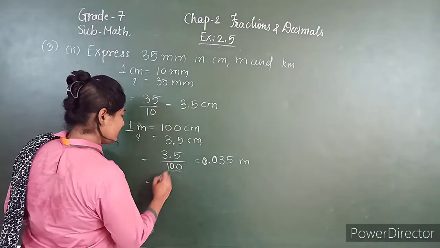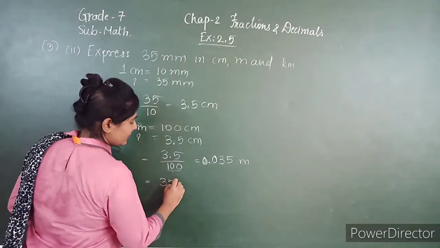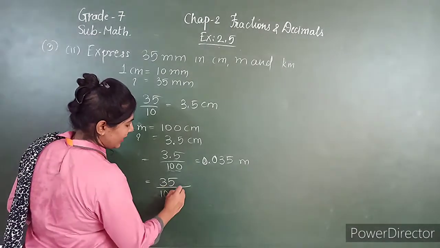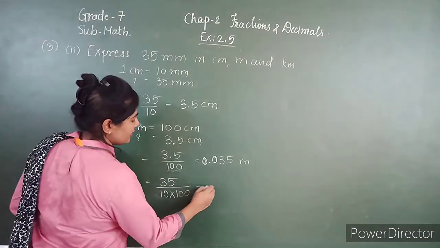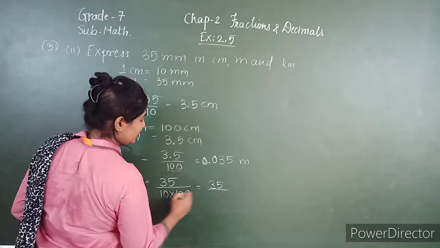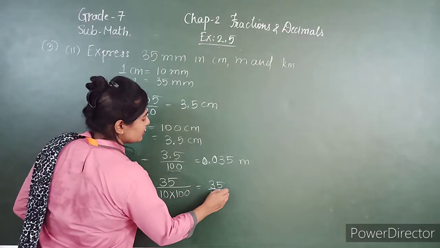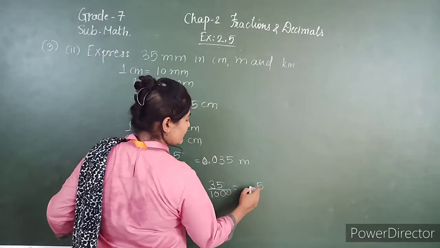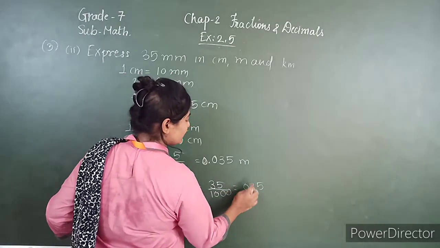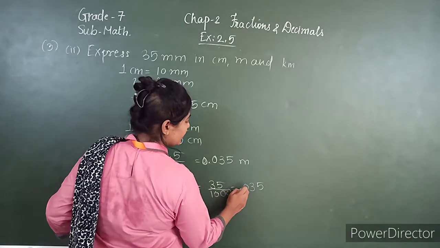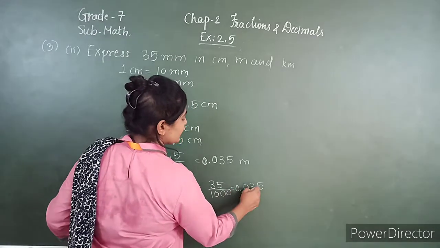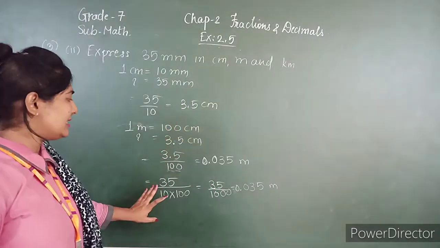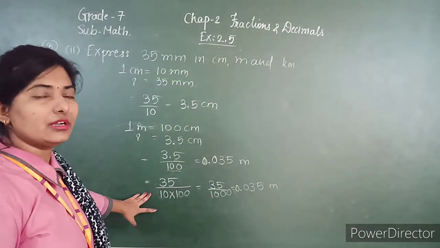If we remove this point, then we write 10 and this is 100. Now 35 upon 10 into 100, that is 1000. So here 3 zeros are there, so we have to put point before 3 number. So it is 0.035 meters. This is the easy method. You can do this method also.